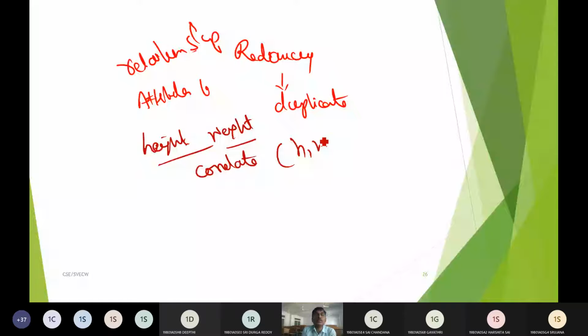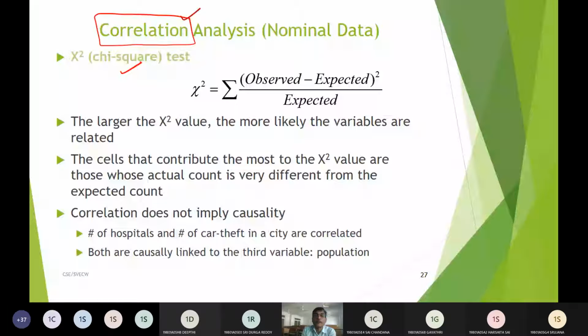So how are we going to make the correlation analysis? In this correlation analysis, we are going to use the value called x square, where we compute the difference between the observed and expected, whole square, divided by the expected, and then we make a summation operation.